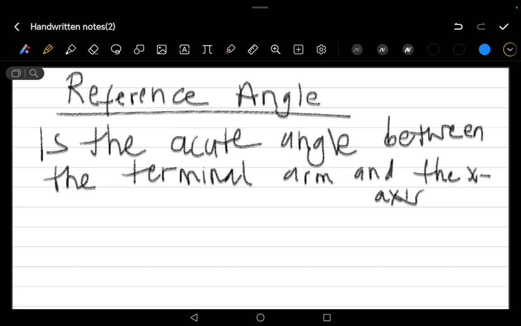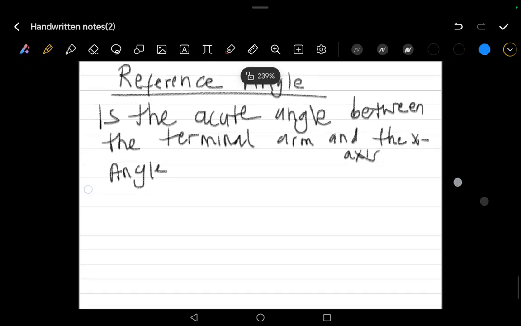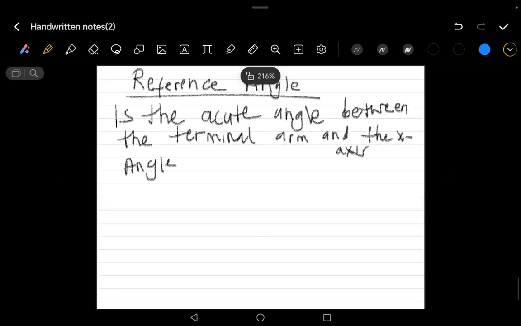Okay, so let's say we have these angles. We have this angle, and then we have the reference angle.